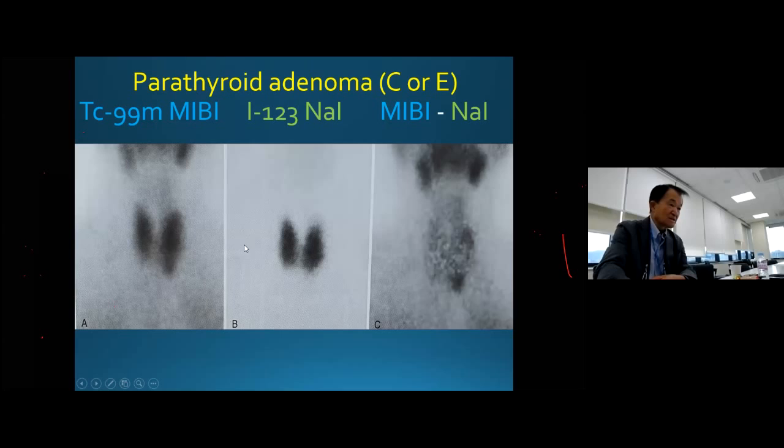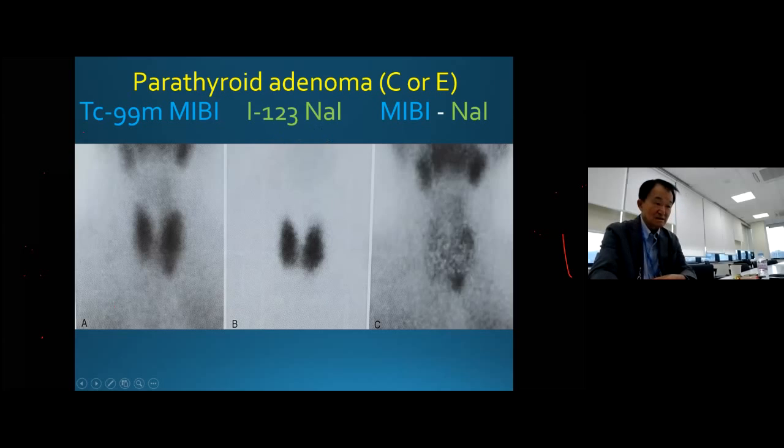Okay, so in old days, sestamibi may be subtracted by the iodine trap, organification subtraction, and then this is left. So it's here suspicious, but not clear. But with the subtraction of technetium sodium pertechnetate, or iodine 123 sodium iodide, it makes it easier to see clearly.